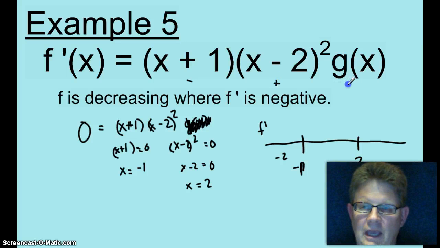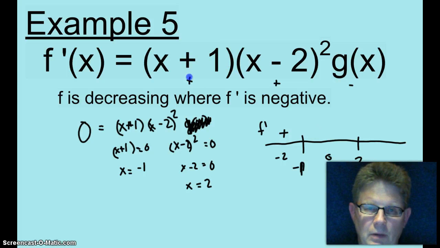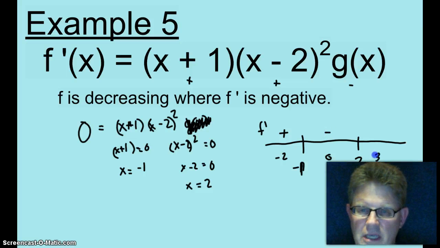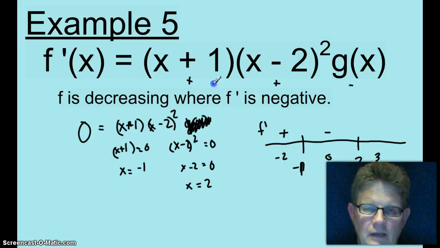And this will be a negative. Negative times positive times a negative. That's positive. Okay, let's pick 0. When we put 0 in here, that'll be positive. That'll be positive. That'll be negative. Negative. Let's try 3. Put a 3 in there. That'll be positive. That'll be positive. And that'll be negative. Negative.